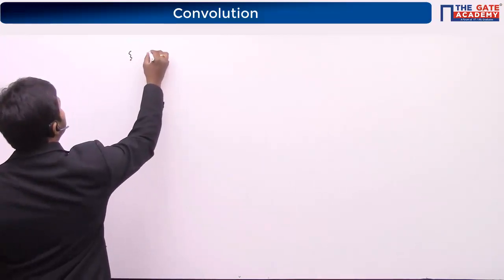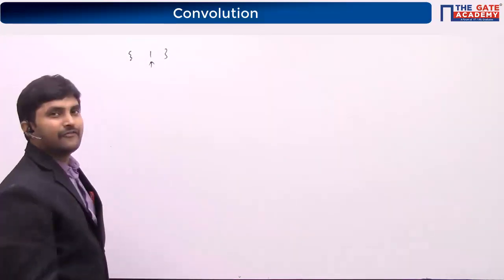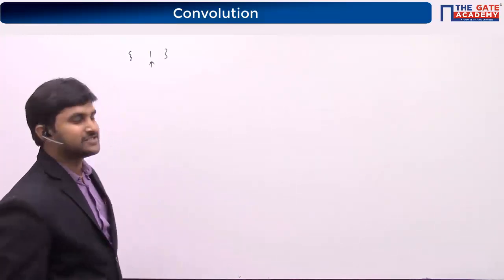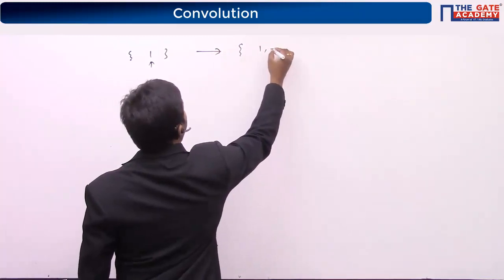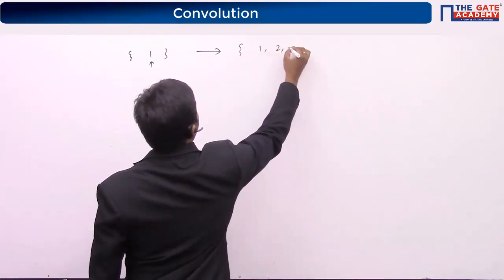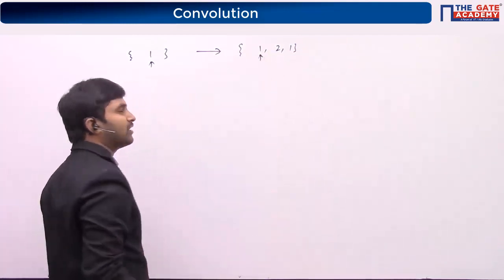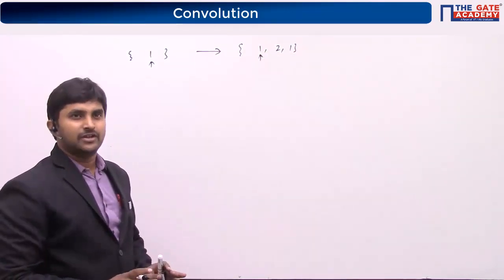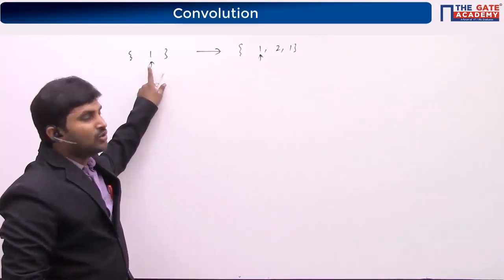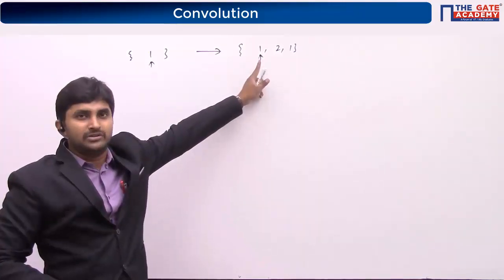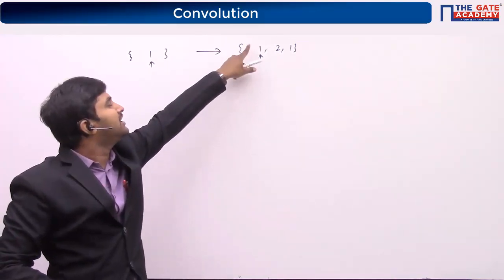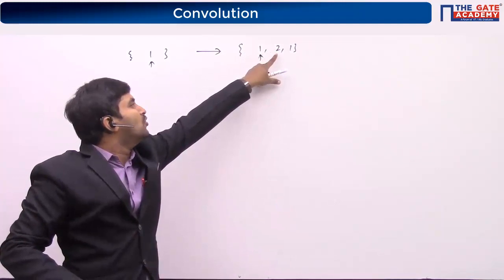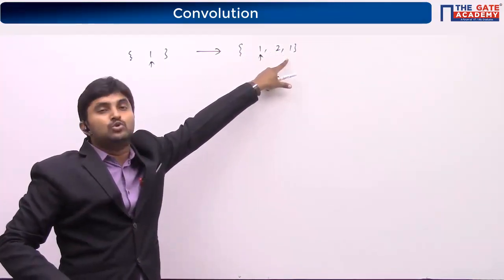For example, if I give an impulse at n equal to 0 as an input, let us say the response I got is something like this: at n equal to 0 it is 1, at n equal to 1 it is 2, and at n equal to 2 it is 1.